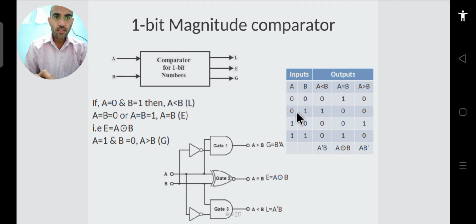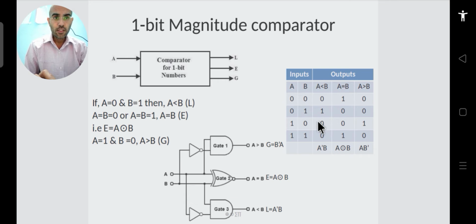In this case, A is 0 and B is 1, so A is less than B, and this output should be high. In this case, A is greater than B, so this output is high. In this case again, A and B are both equal to each other, so A equal to B is 1. This is what it looks like.